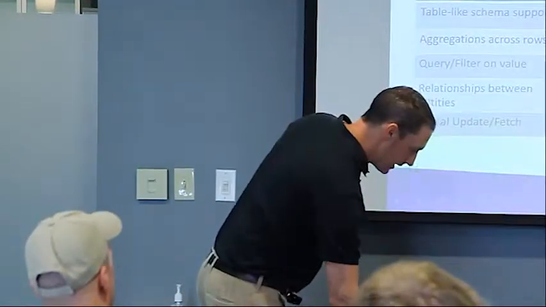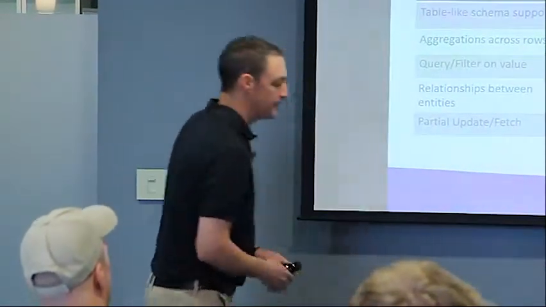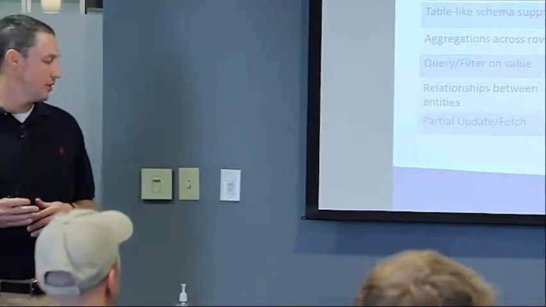So next we wanted to take a quick look at just a few of the features for the 4 types of database types we've talked about so far. A few of the more popular features, first being the table-like schema structure.